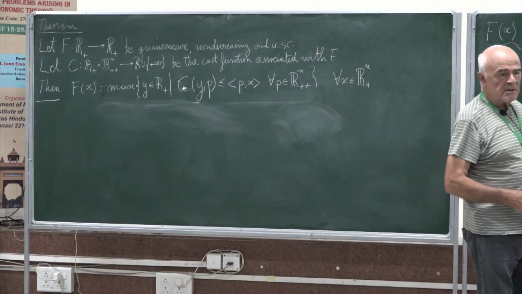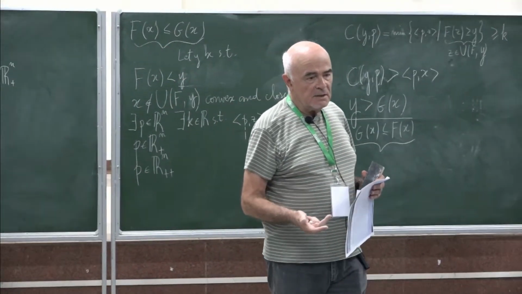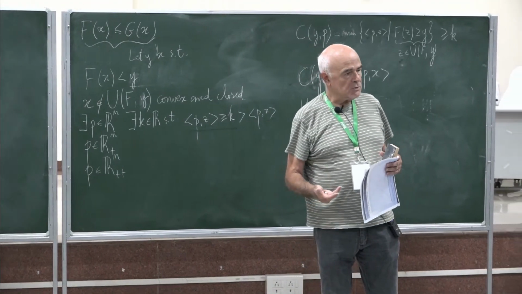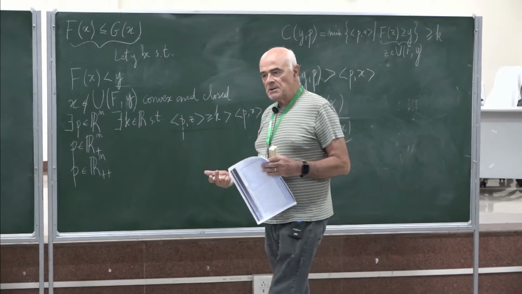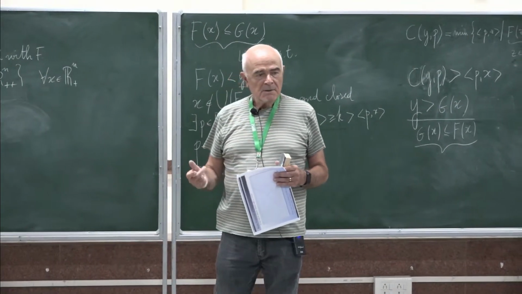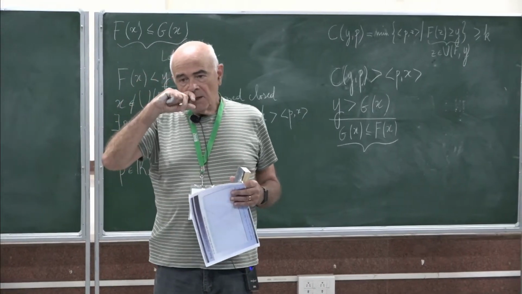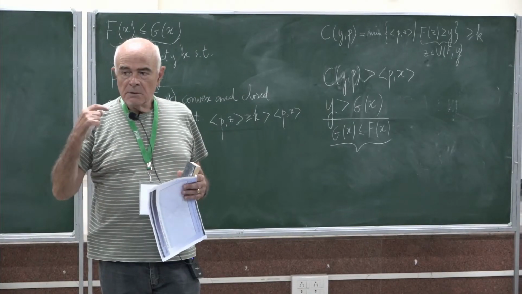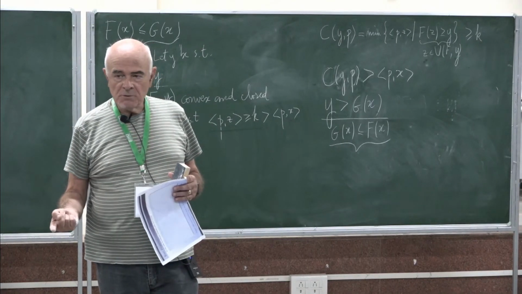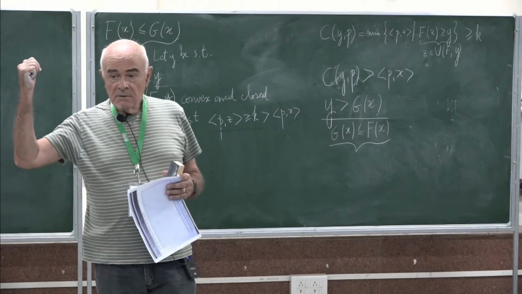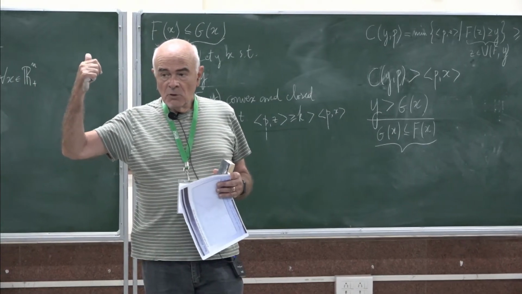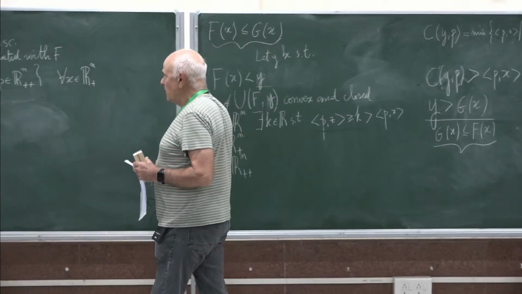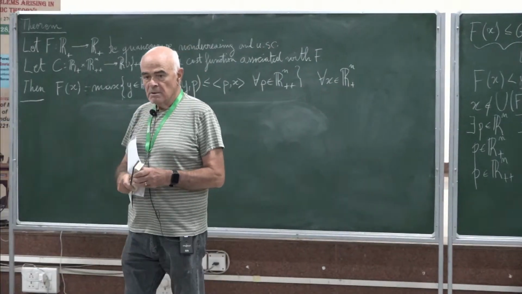So this explains why yesterday in the Cobb Douglas example we recovered the original production function. But this also tells us something else. In principle, there are infinitely many production functions that have the same associated cost function. But only one among all of them has all these nice properties. It's quasi-concave, non-decreasing, and upper semi-continuous. Why only one?